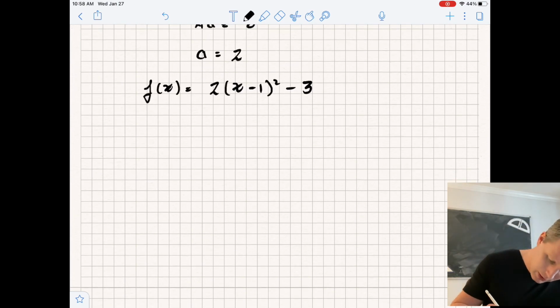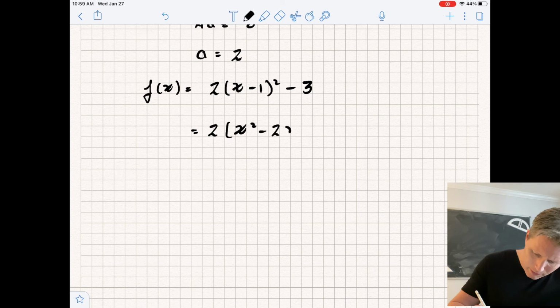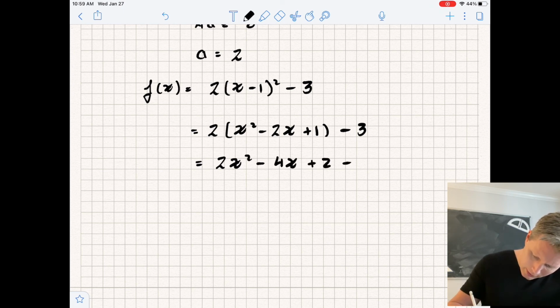Why not? So this will be 2 times, inside my parentheses, x minus 1 squared is x squared minus 2x plus 1. And I have a minus 3. Distributing in my 2, that will give me 2x squared minus 4x plus 2, and then minus 3.